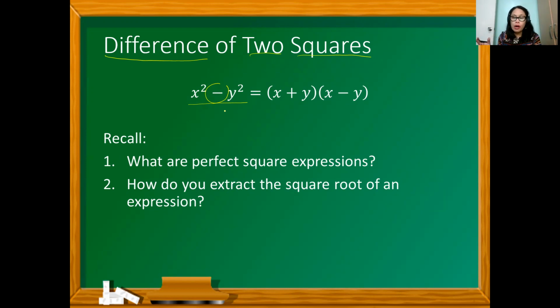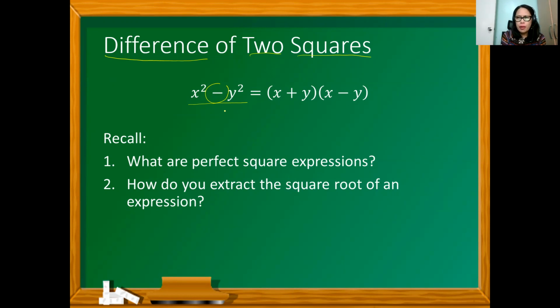Before we work on the factors, let us recall and answer each of these questions. This will help us come up with a complete factor for each polynomial that we are trying to factor. So what are perfect square expressions? Basically, perfect square expressions are expressions raised to the second power.